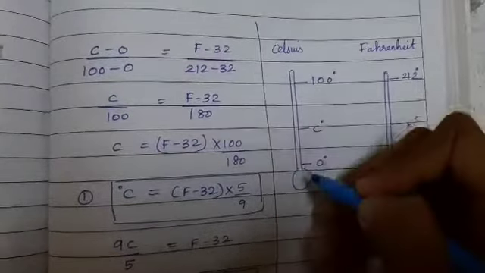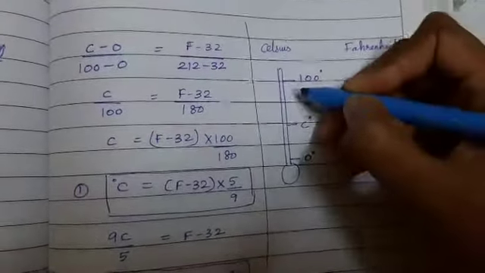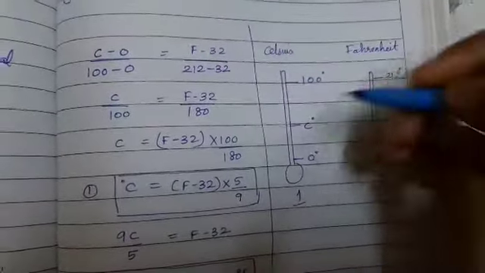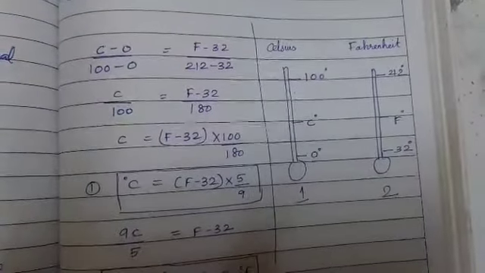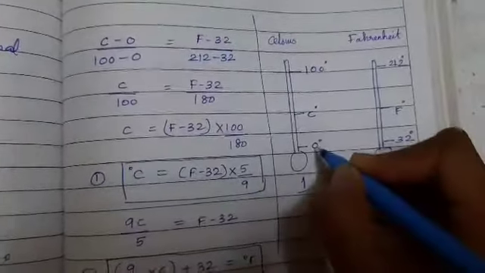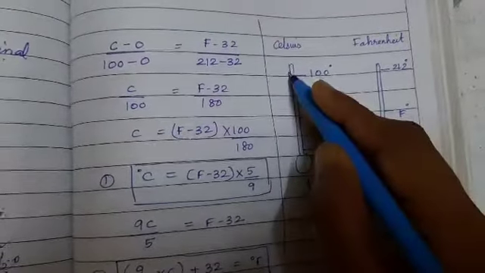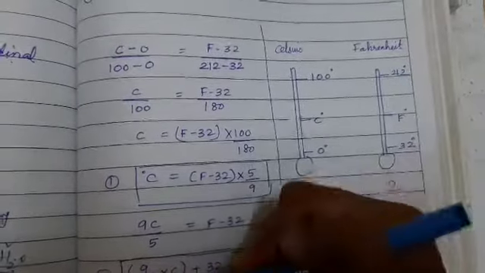Okay, so I have a thermometer here and another thermometer. In this thermometer number 1, it is marked in Celsius scale. In thermometer number 2, it is marked in Fahrenheit scale. We already know that any temperature, if it is 0 degree in Celsius scale, it will be 32 in Fahrenheit.